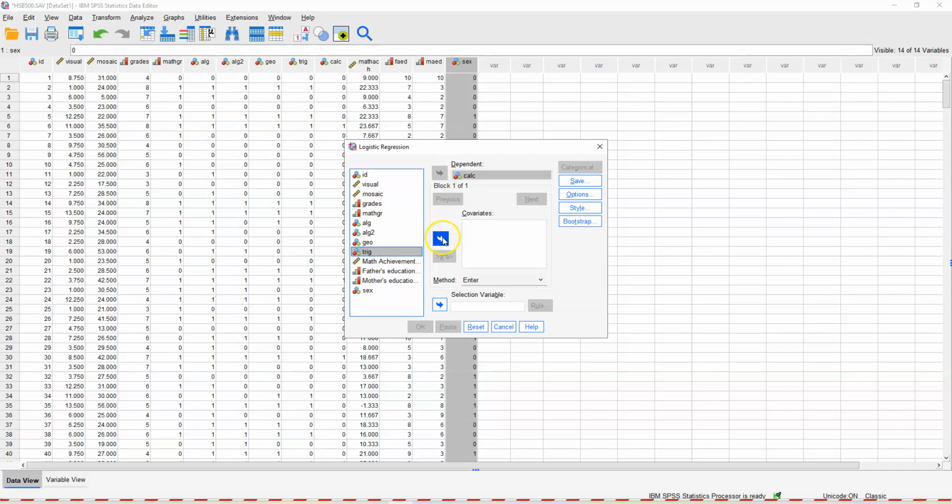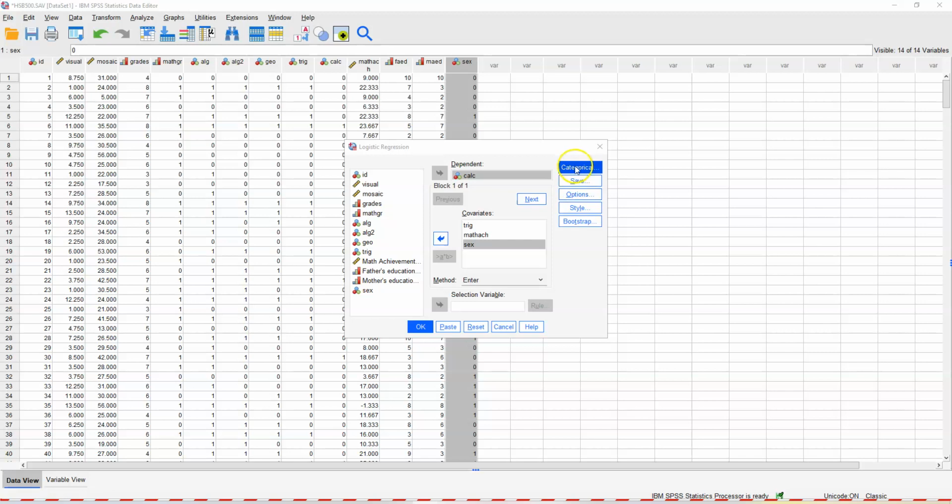Independent: trigonometry, math achievement, gender. As you can see, we have our 3 independent variables here in the covariates, and that's really where our predictors and independent variables would go.